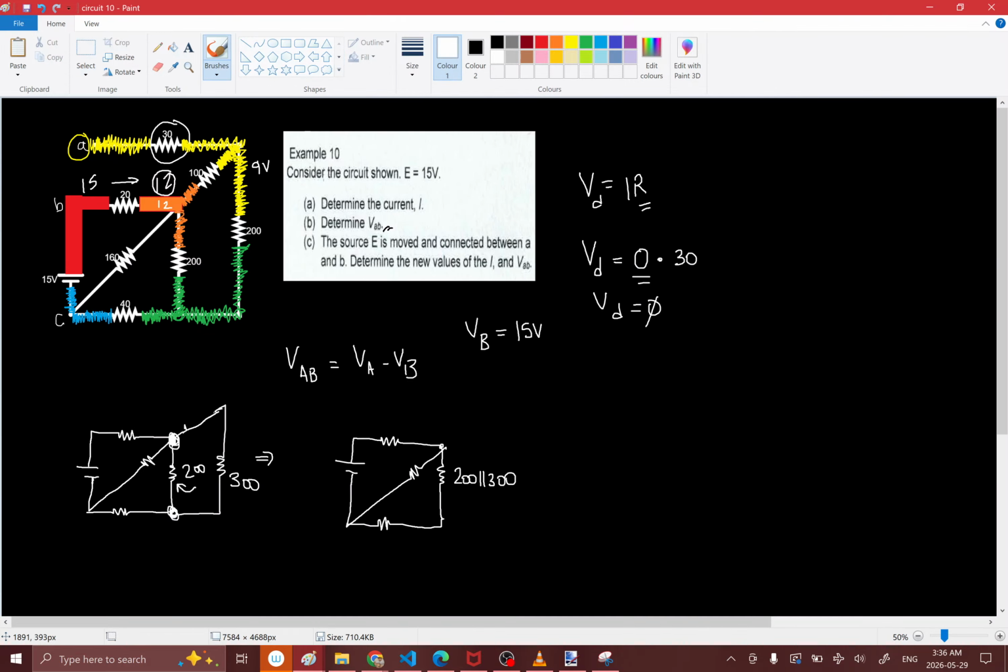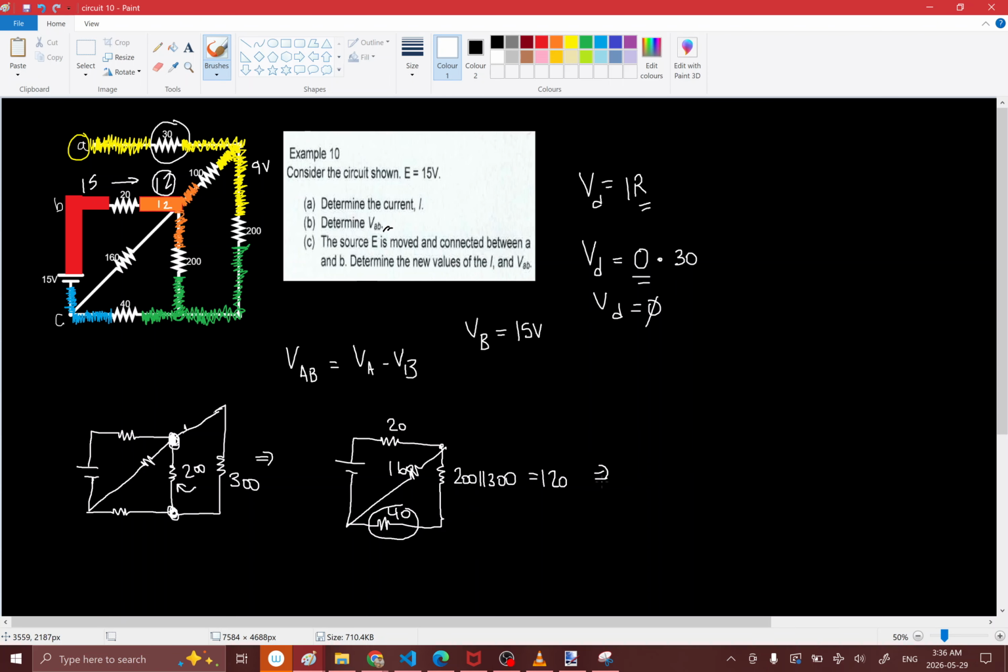Okay, so that's 120. And this one over here is 160. This one is 40. And this one is 20. Okay, so we know that this one over here can be slid this way and then back up here to join this one. So that means that they're going to be in series.